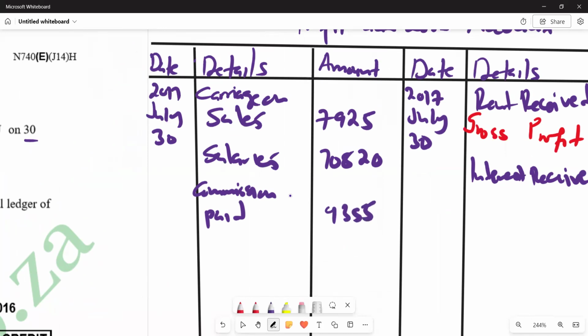We have sundry expenses. Sundry expenses in the amount that we have 7,500. And then we go and check again.